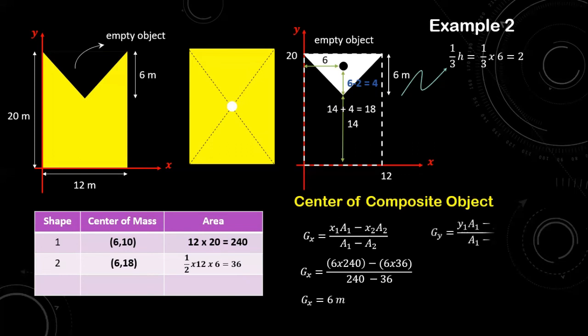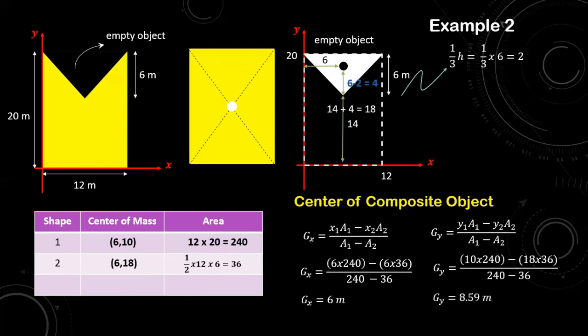Okay, now we go to gy. y1 a1 minus y2 a2 divided by a1 minus a2. gy equals 10 times 240 minus 18 times 36, divided by 240 minus 36.